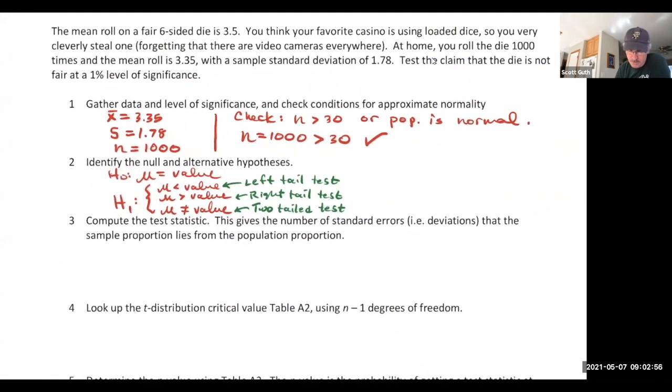So for our problem, let's read it real carefully here. You think your favorite casino is using loaded dice. Now, that means you don't know whether the mean is bigger than 3.5 or less than 3.5. Remember, the mean should be 3.5 on a fair die. Okay, but you don't know.